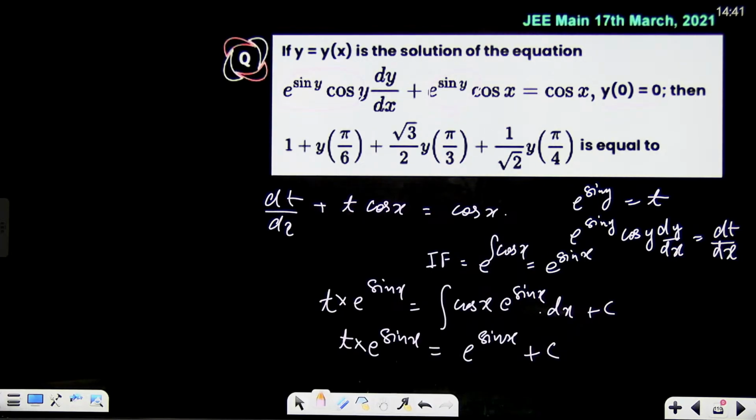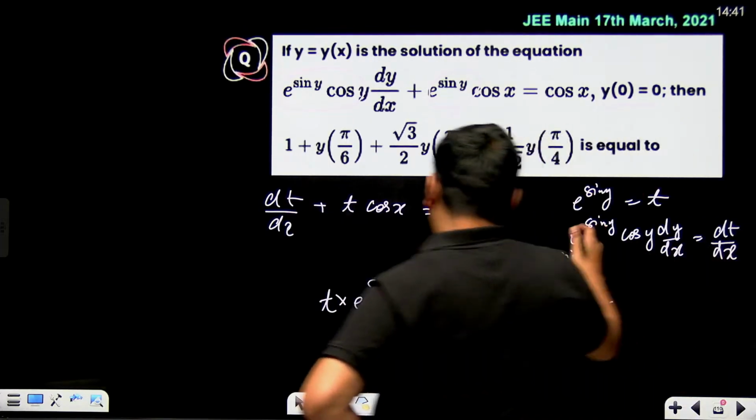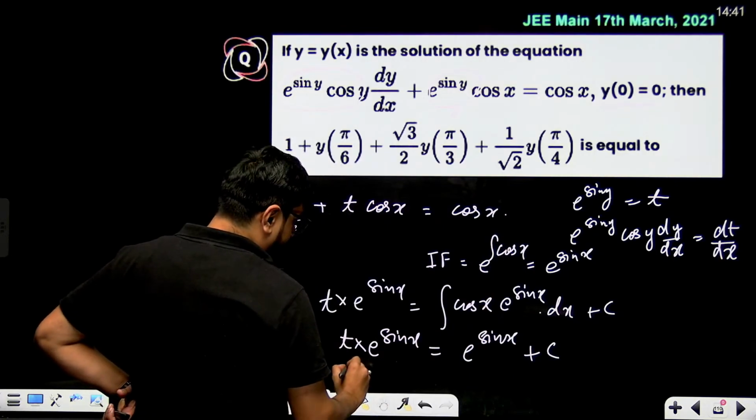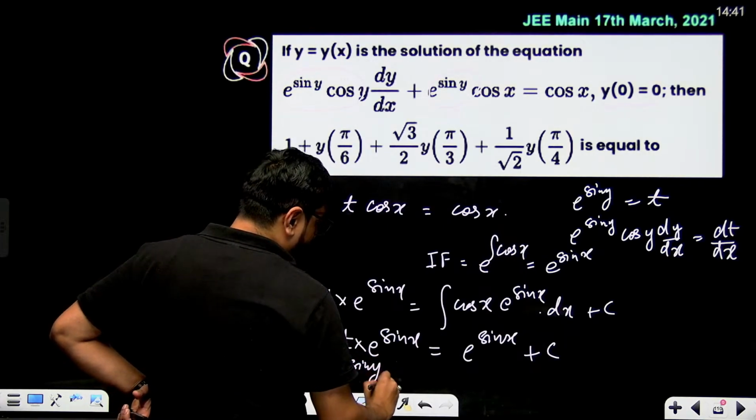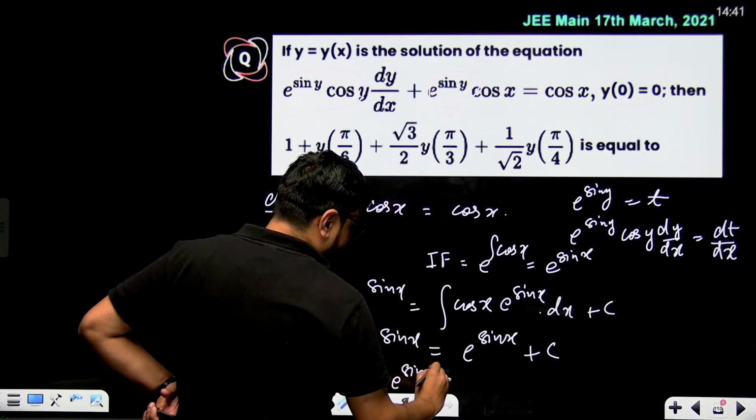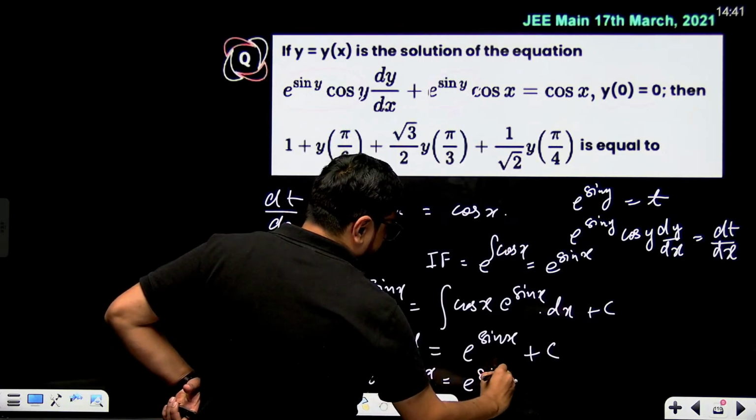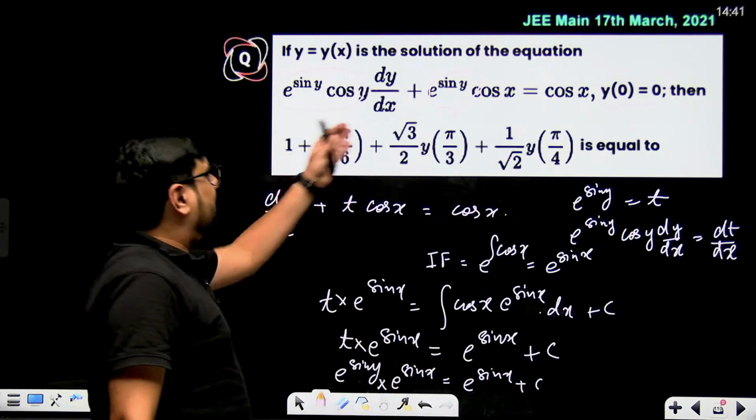So 1 equal to 1 plus c, that means c is equal to 1, alright. But t, yeah, t we will put again, no. Here e to the power sin y will become e to the power sin y into e to the power sin x, okay.